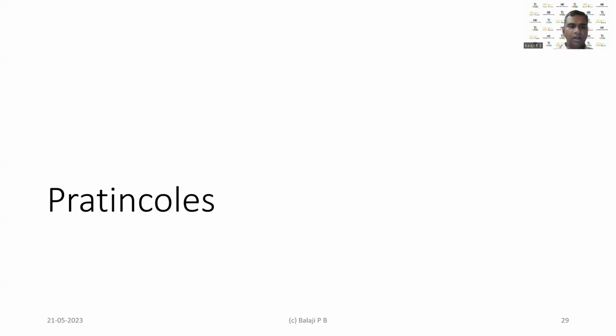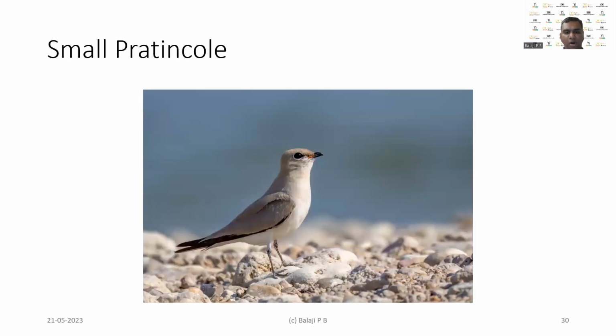Yeah. So next is Pratincoles. There are 3 species of Pratincoles, and I think with Pratincoles we'll conclude the identification of waders. So one is the small Pratincole.